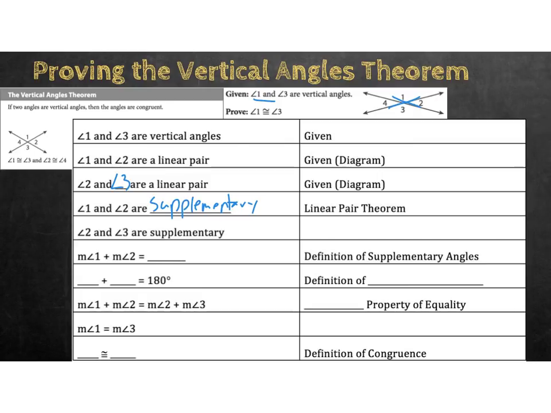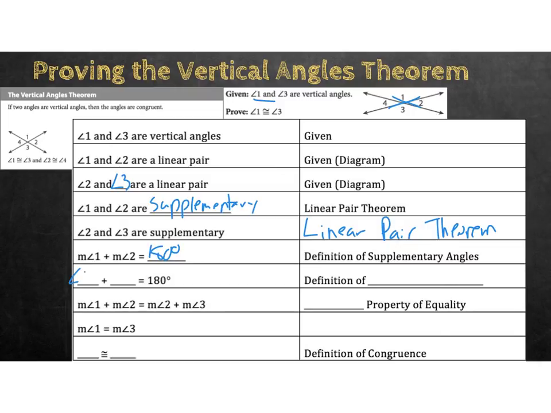Angle 2 and 3 are supplementary, and again, same reason as the one above, linear pair theorem. And then measure of angle 1 plus measure of angle 2 equals 180 degrees. That's the definition of supplementary angles. Two angles that are supplementary equal 180.